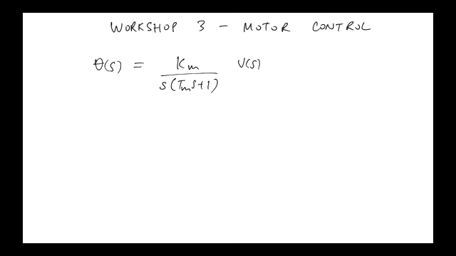In the first week of workshop 3, you figured out what those 2 parameters need to be on the basis of some observed data. The way you've done that is by simulating this model with fixed parameters that you vary until the simulated response matches the observed data. So what you're really doing there is system identification.